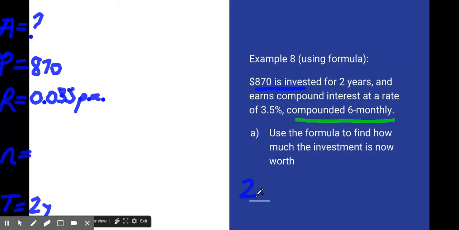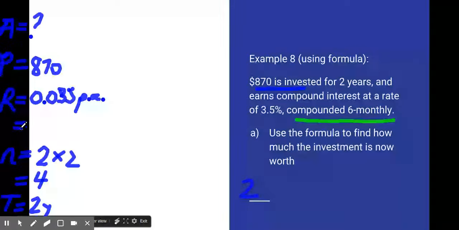And if it's invested for 2 years, we're going to compound it 2 times a year times 2 years, which gives us 4 compoundings. And looking at the rate, in a whole year, it's 0.035 or 3.5%. But at each compounding, it happens twice a year.